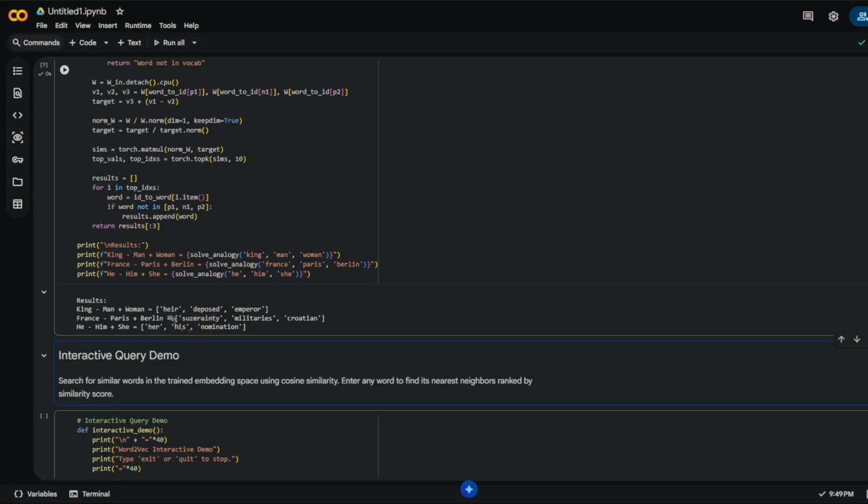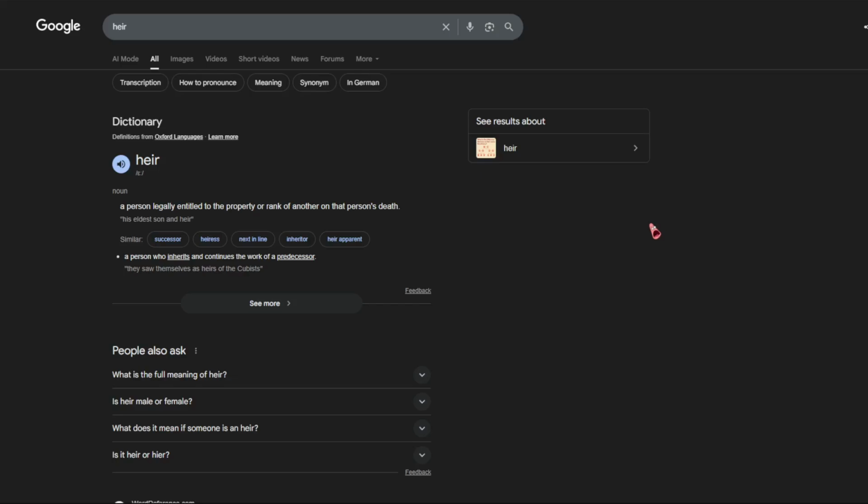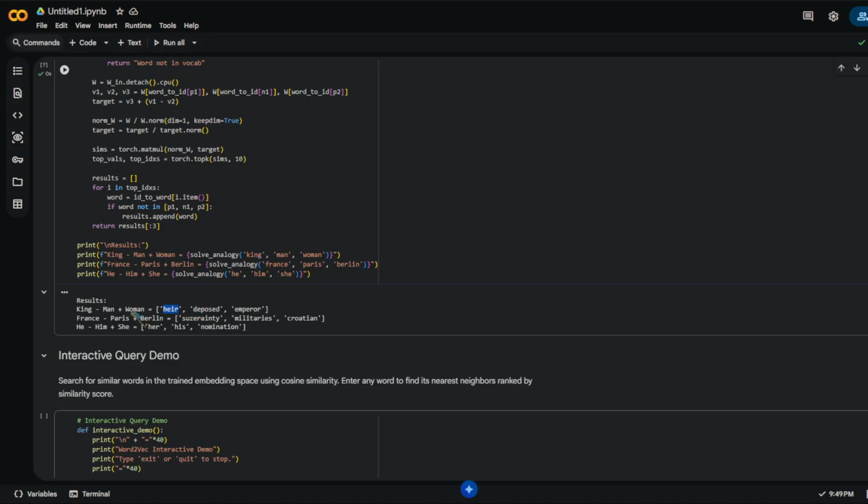So we've got this output. These words should be close to these words here. We can check the meaning on Google. Okay, so the person who inherits and continues the work of a king.